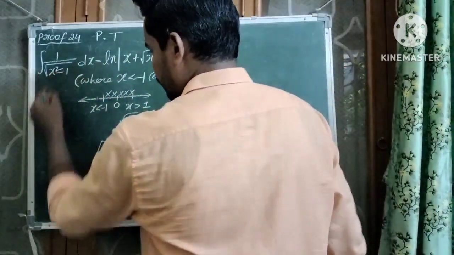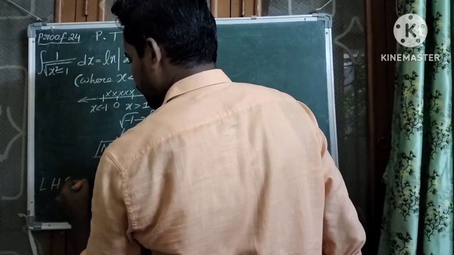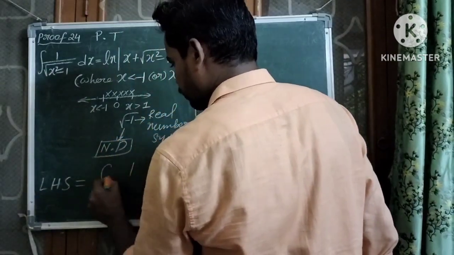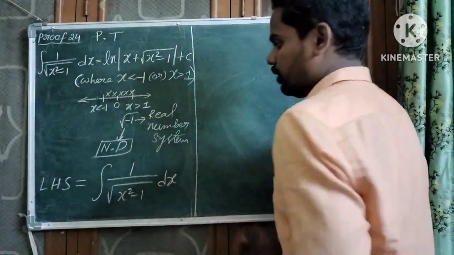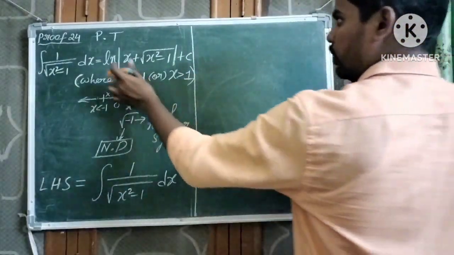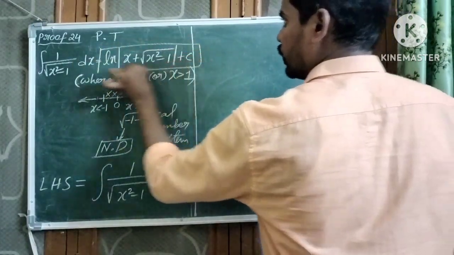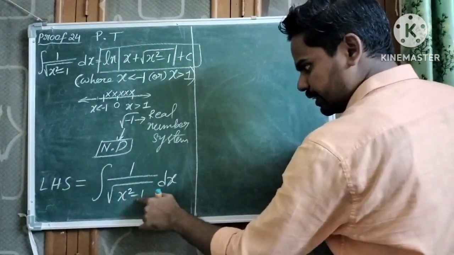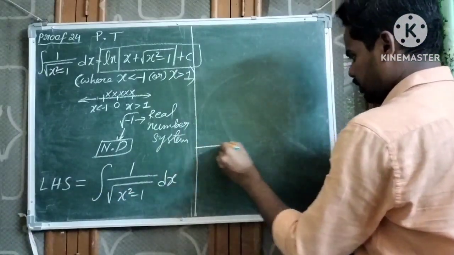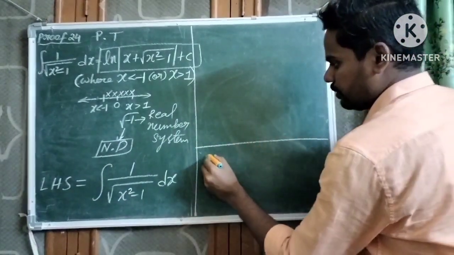As usual, see, let us consider the LHS. LHS is equal to what? Integral of 1 by root over x square minus 1 into dx. We have to prove this. As usual, here x square minus 1 is there. I'm going to discuss one identity.